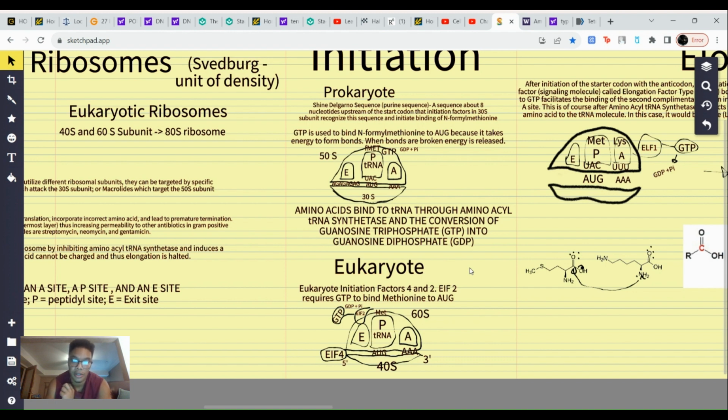Eukaryotic initiation factor 2 binds, not methionine, it's the anticodon, because we already established that aminoacyl tRNA synthetase binds the methionine to the tRNA. So eukaryotic initiation factor 2 binds UAC to AUG.